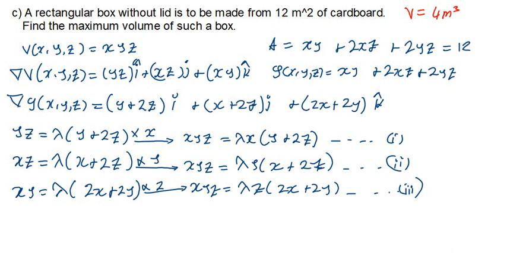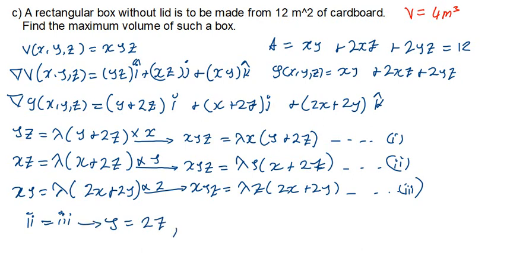I'll just try to show you briefly how you determine exactly what your value of y and what your value of x is. So since this and this and this are the same, I'll first of all equate equation 2 with equation 3. So when you equate equation 2 to equation 3, meaning this one with this one, what you're going to end up with is that your y is equal to 2z, that's what you have.